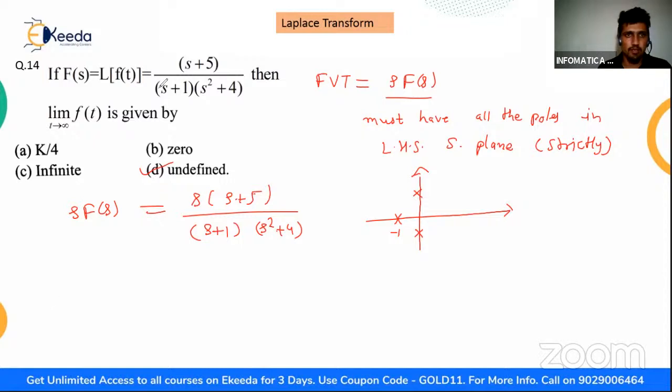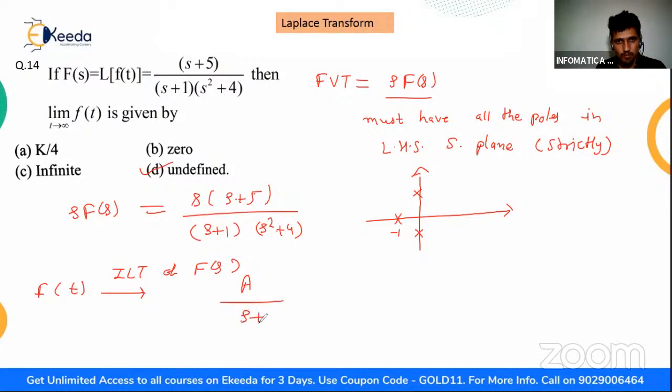What if we do the reverse calculation? Laplace F(s) is the Laplace transform of f(t). Suppose we calculate f(t) by using the inverse Laplace transform of that signal, of F(s). In that case, what will you get? We will get A upon s plus 1 plus B upon s square plus 4.